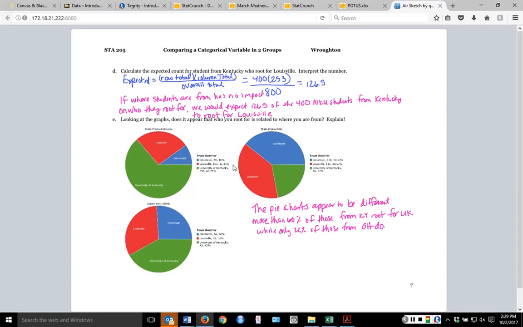Also looking at that, only 10% of those from Kentucky root for UC, while 40% of those from Ohio do.